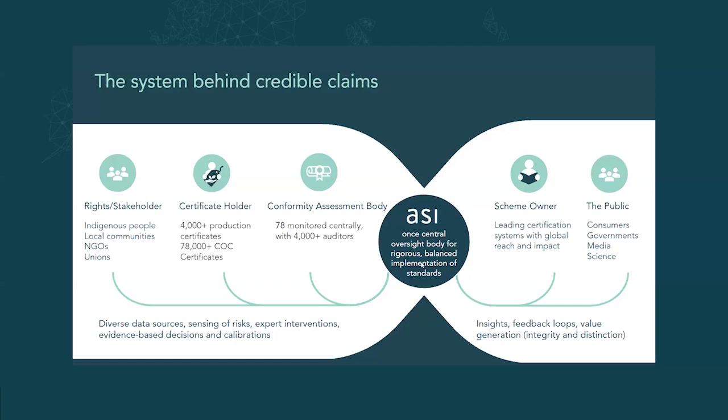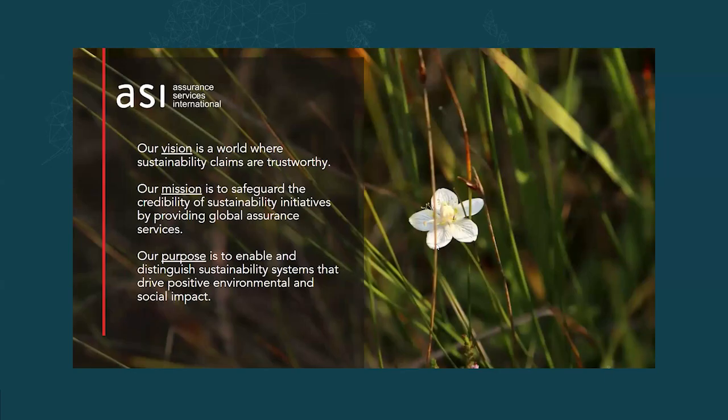I would like to highlight that ASI is different in a sense that we really directly work with the scheme owner. So our client is the scheme owner. This distinguishes us from other accreditation bodies who might have the conformity assessment body as a client, but our client is really the scheme owner. And this is also reflected in our vision, mission, and purpose statements.